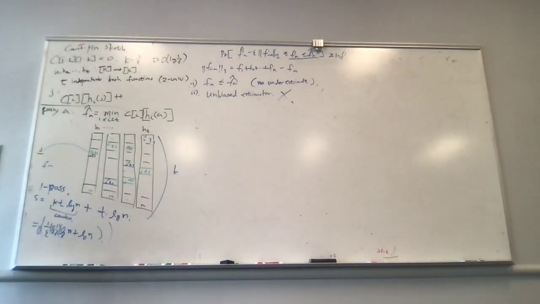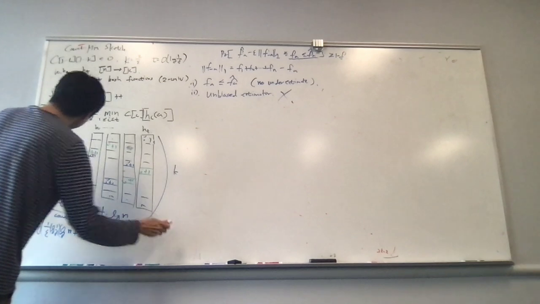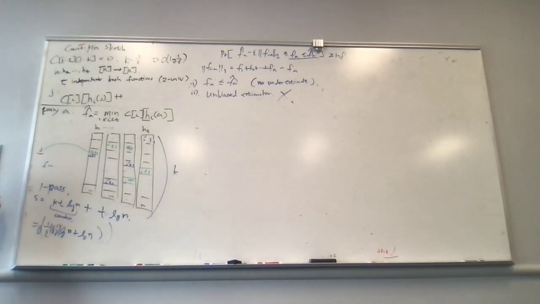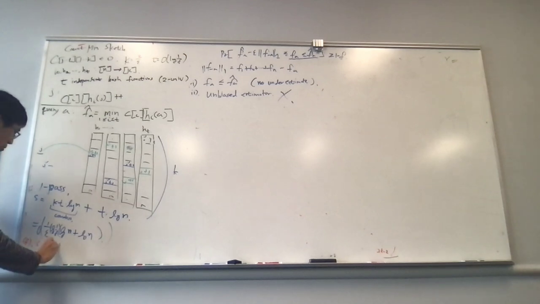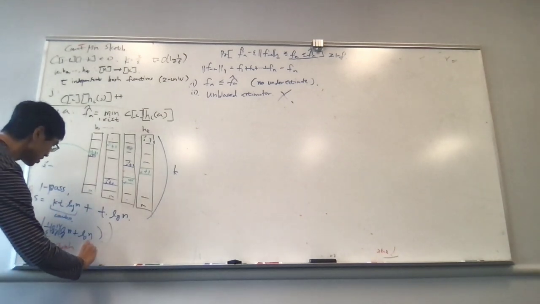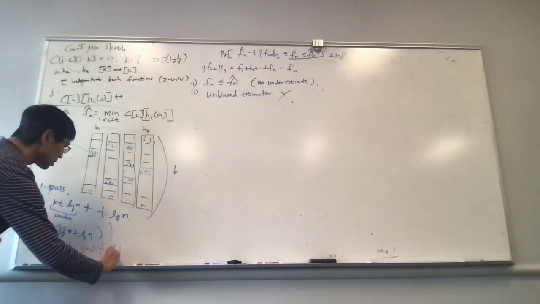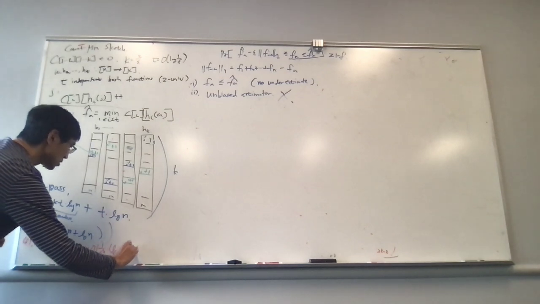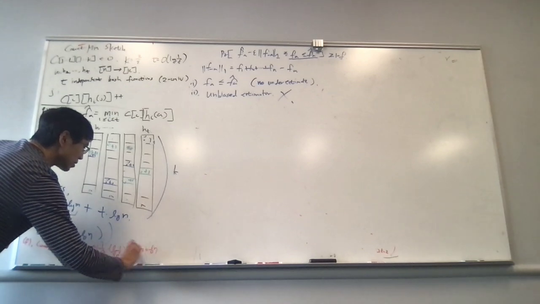But then you may wonder, why is this algorithm interesting? I'm going to go over this again later, but in the count sketch, the memory usage was something like 1 over epsilon squared, log 1 over delta, times log m plus log n.